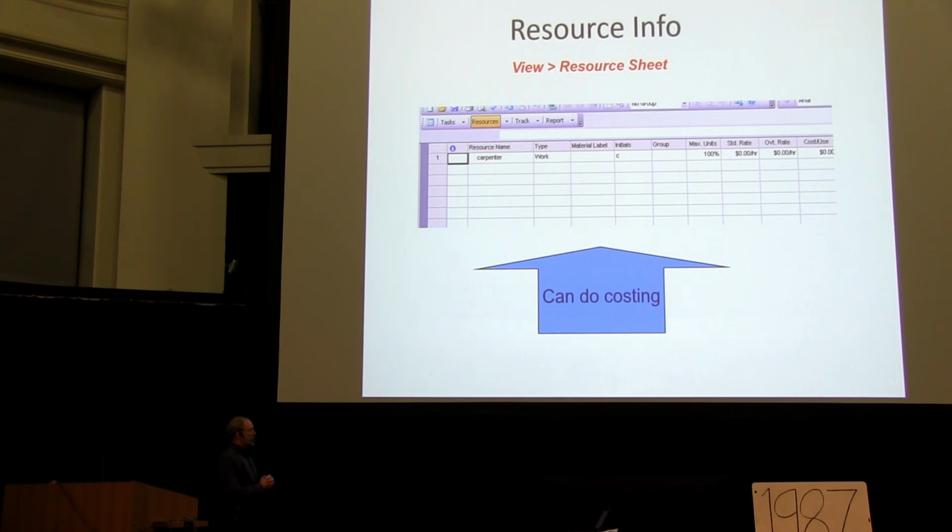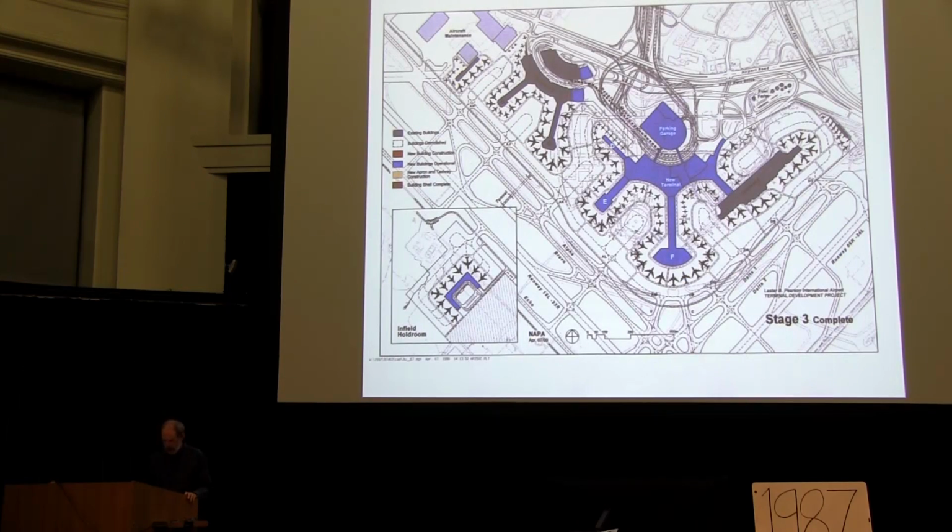All of this is moderately useful if you're doing a smallish project. If you're doing a bigger project, like for instance an airport, then it becomes absolutely critical, because something like an airport, if you think about it, it's kind of like the university.